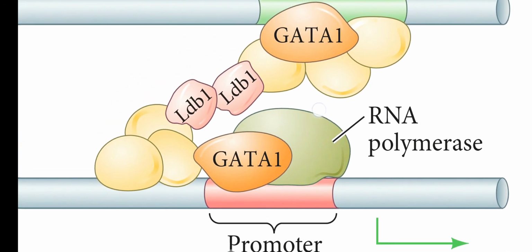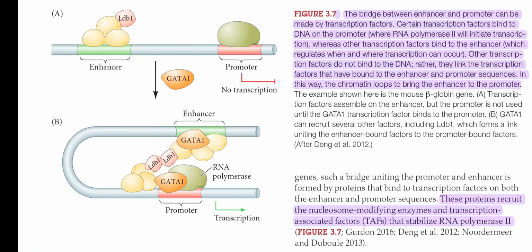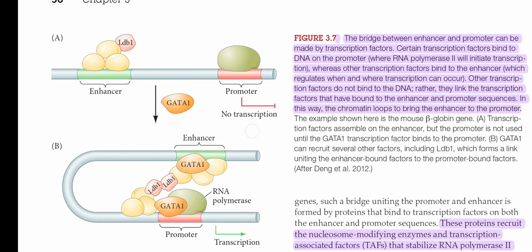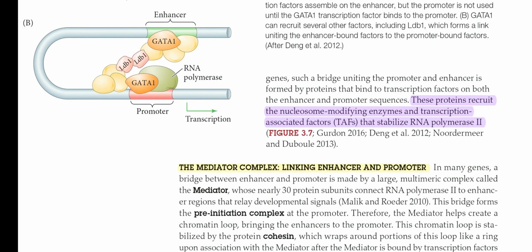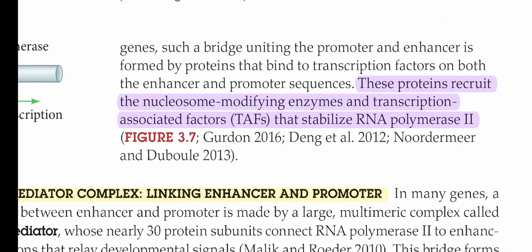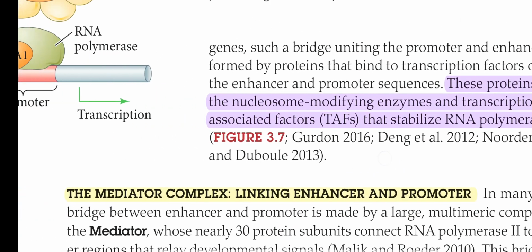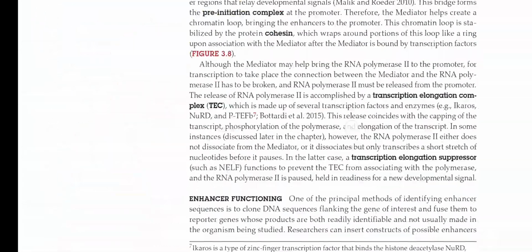And some intermediates like transcription factors, also called associated factors, bridge the bond between enhancer and promoter, and this protein requires the nucleosome modifying enzyme and transcription associated factors, and stabilizes this RNA polymerase II. This allows the transcription initiation of that genomic sequence.